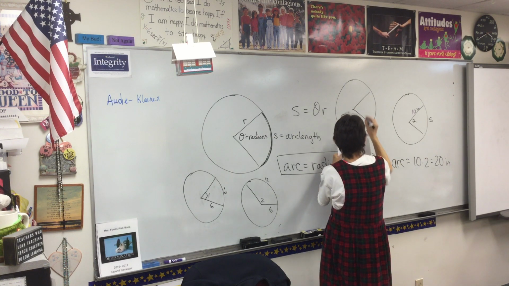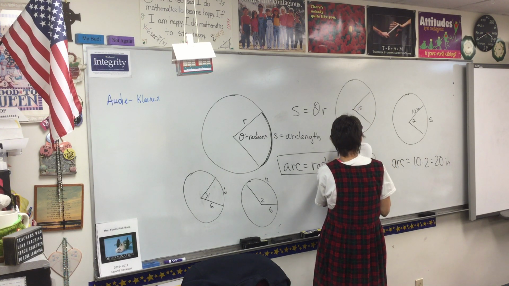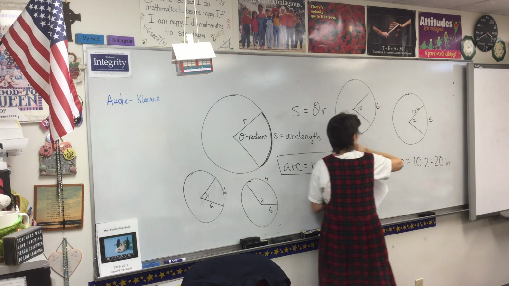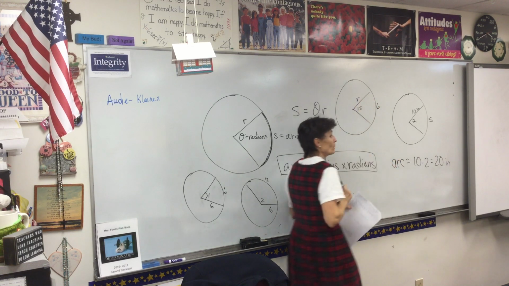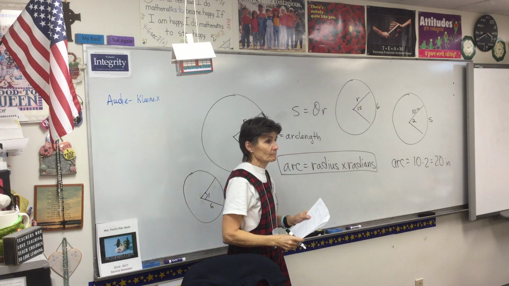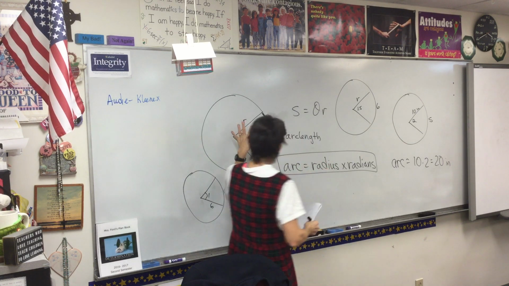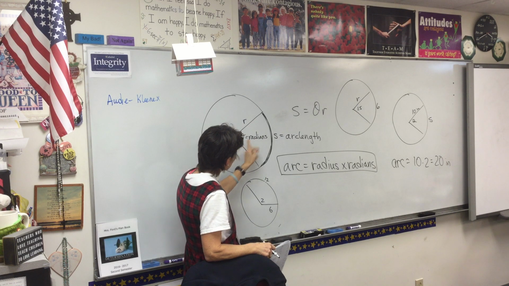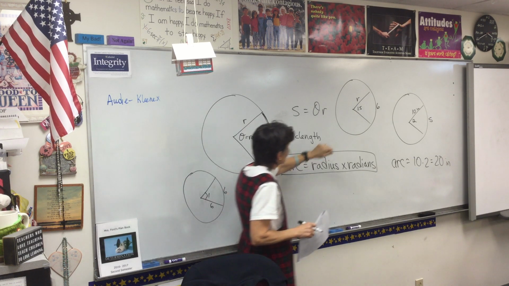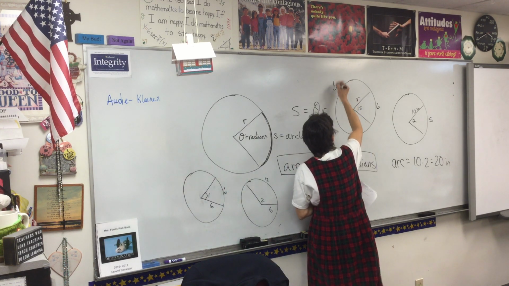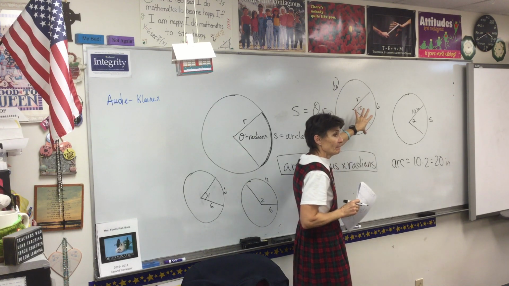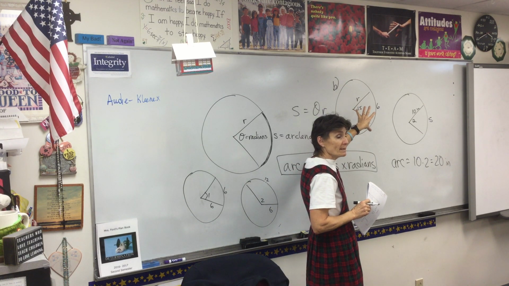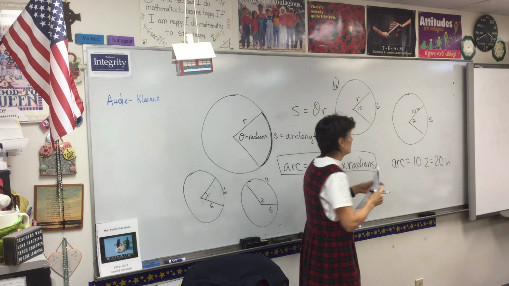What do they give me in B? They give me a central angle of 1.5, an arc length of 6, and we want to know the radius. So we use this picture for all of these problems. There's your radius, there's your angle, there's your arc length. What does my formula say?